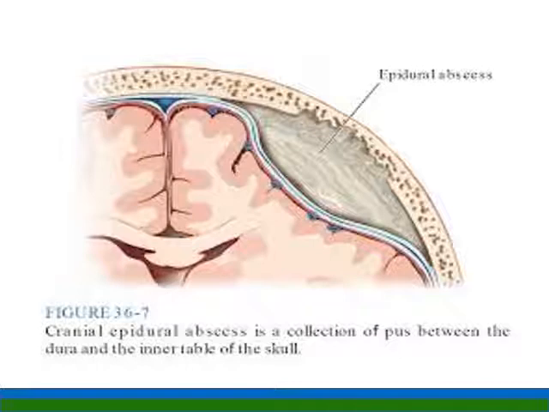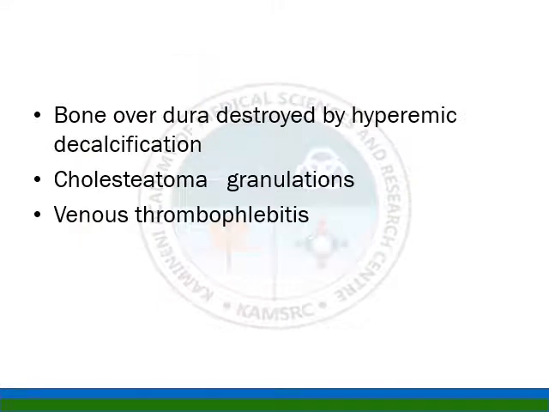When it comes to pathology, it is due to destruction of the bone over the dura mater, the inner table, by hyperemic decalcification and due to cholesteatoma and granulations, and sometimes the pus may be directly in contact with the dura, and spread of infection by venous thrombophlebitis.